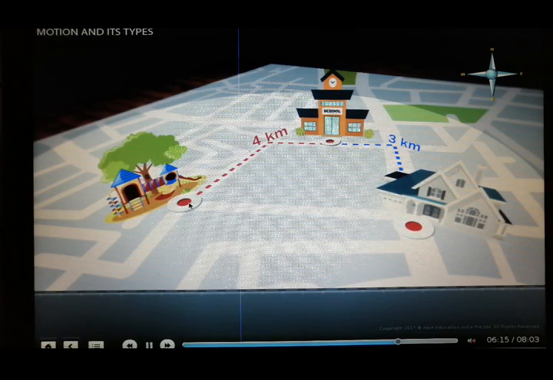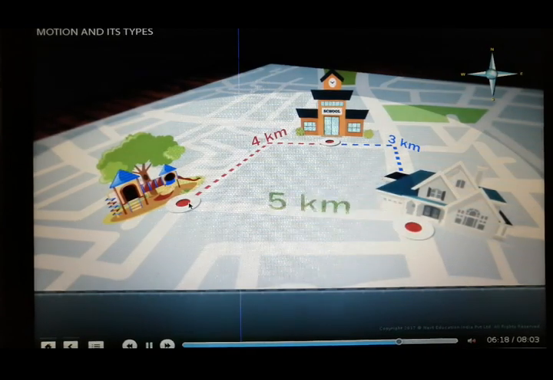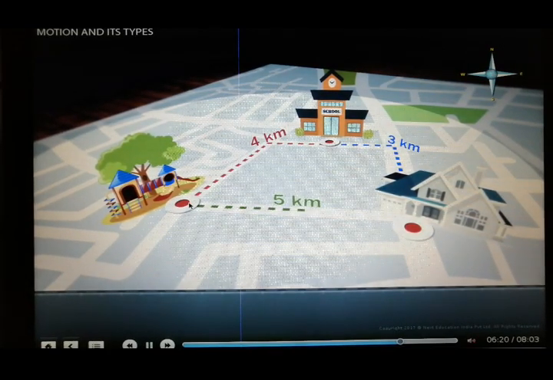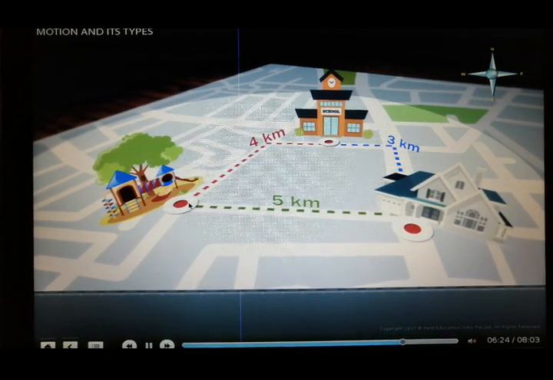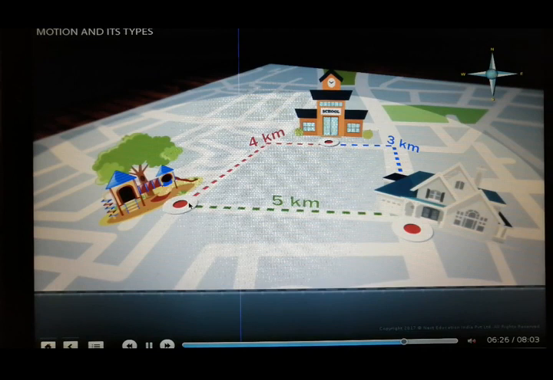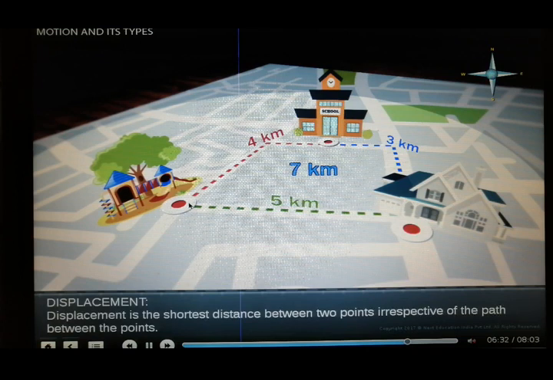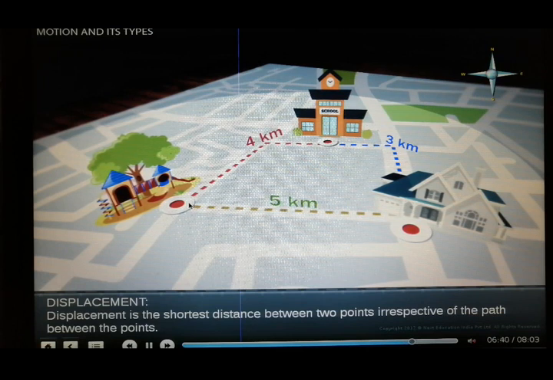However, the straight route from Mary's home to the playground is only 5 kilometers long. Therefore, Mary's displacement from home to the playground is 5 kilometers, as against the distance covered by Mary in reaching the playground, which was 7 kilometers. Thus, displacement is the shortest distance between 2 points, irrespective of the path between the points.